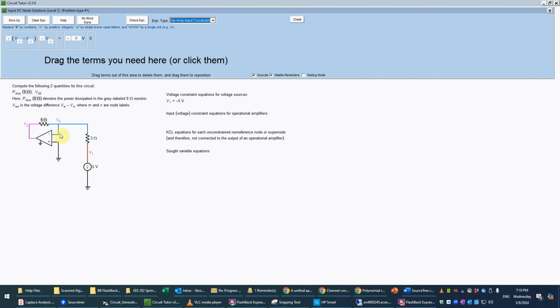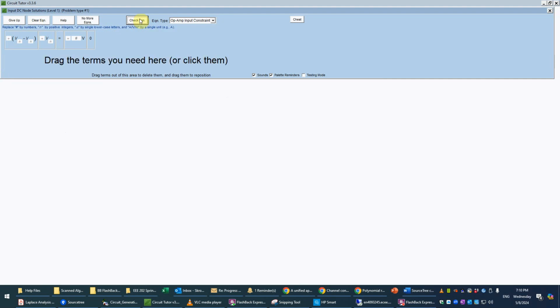It's an unusual kind of short because it doesn't have any current, but yet it somehow manages by feedback to maintain 0 voltage there. And so here, that just means that V3 is going to be 0. And so we just put V3 there. And again, it's really saying that 0 minus V3 is 0, but that's the same as saying V3 is 0.